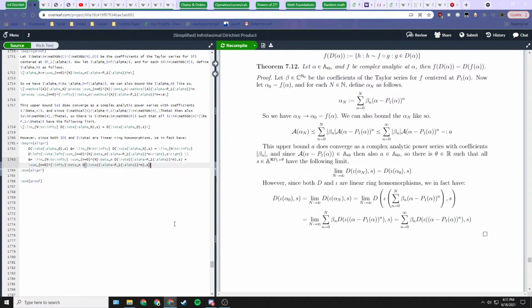So we're gonna pull out that to infinity, and then this will be iota alpha minus p1, and this will be power n.